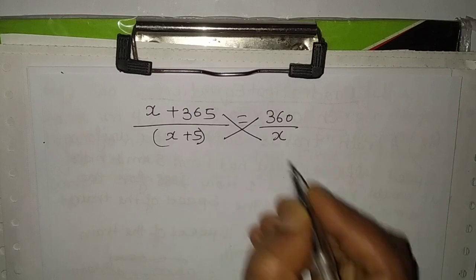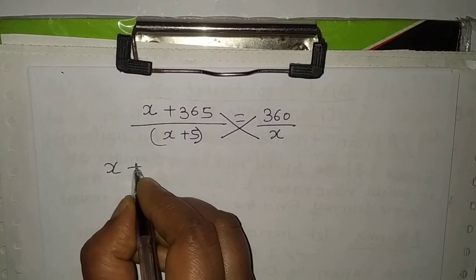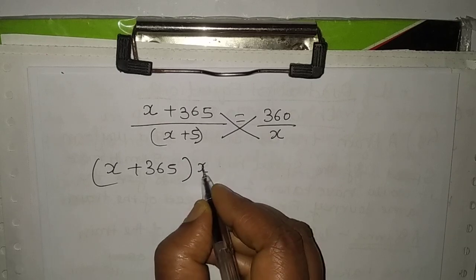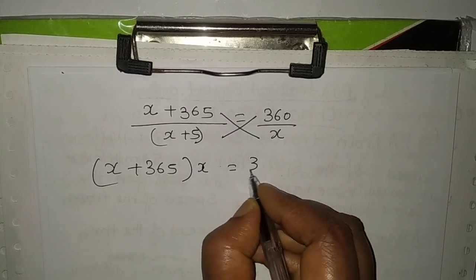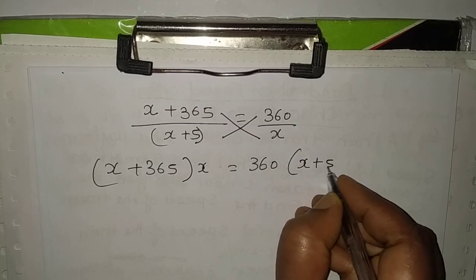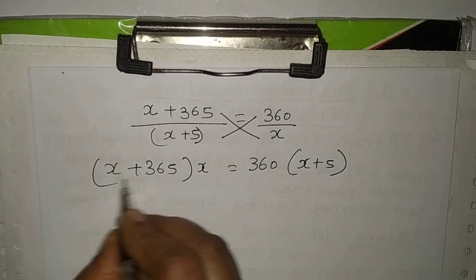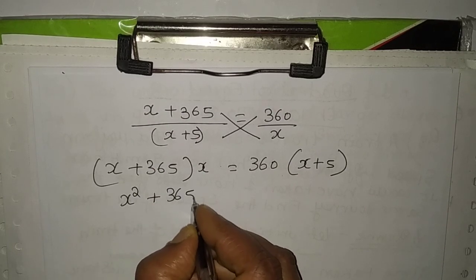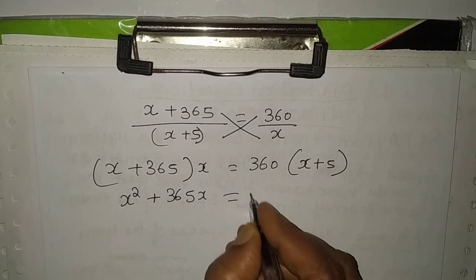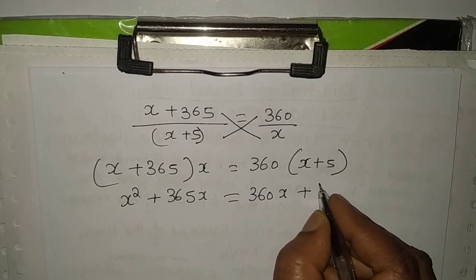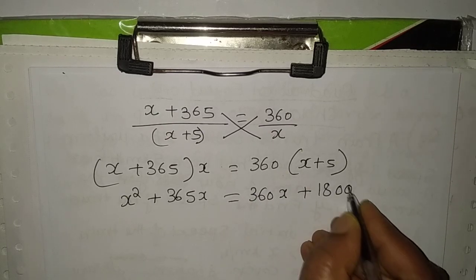Cross multiply these two: x plus 365 into x is equal to 360 into x plus 5. Then x into x is x square, 365x is equal to 360 into x plus 360 into 5, which becomes 1800.